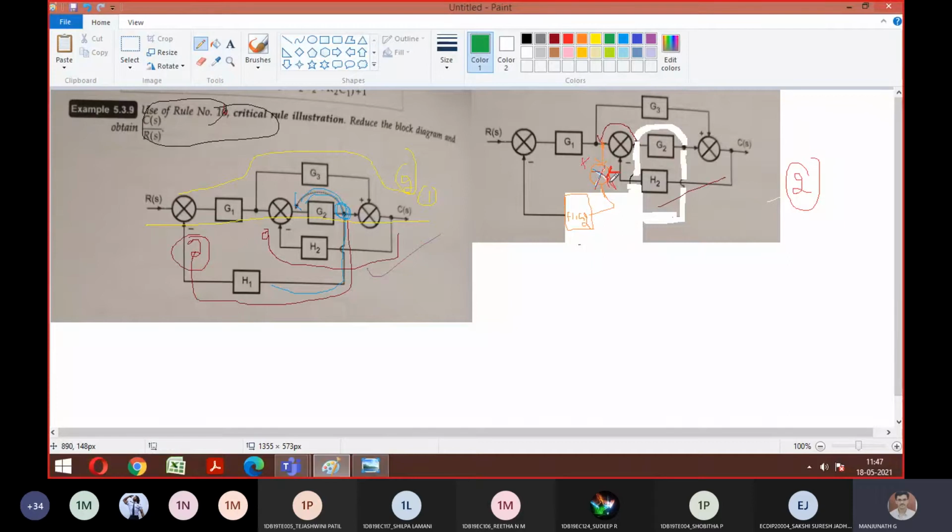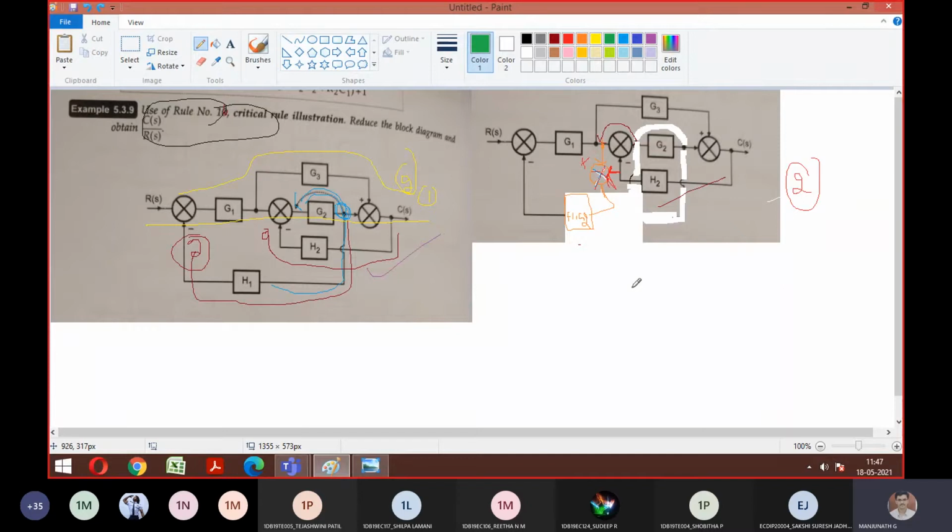If there is a summing point connected to two paths, what procedure will we follow? The change is splitting of the summing point of the feedback path. If we make the feedback path separation, automatically the summing point will go away. Correct?